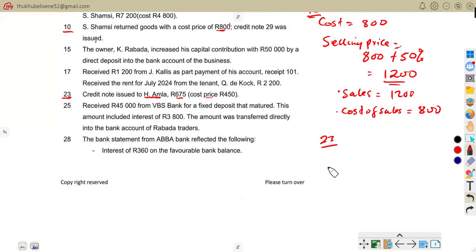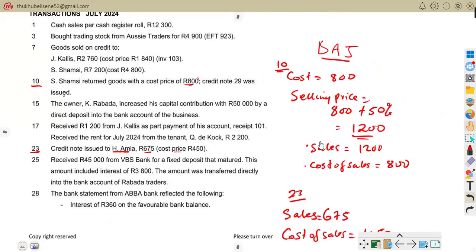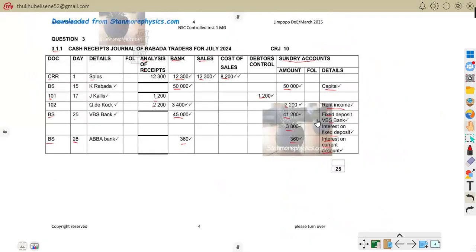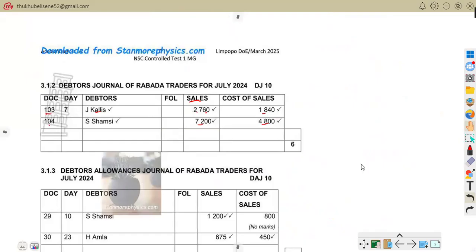Our sales is 675 and our cost of sales is 450. All you can do is to record them. I hope you understand. You can go to our answers and see how they were recorded.